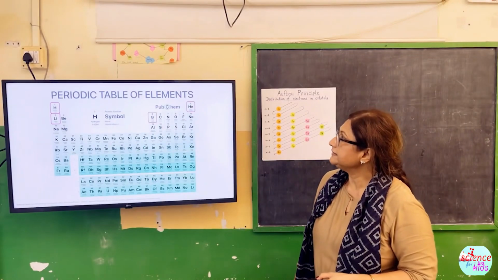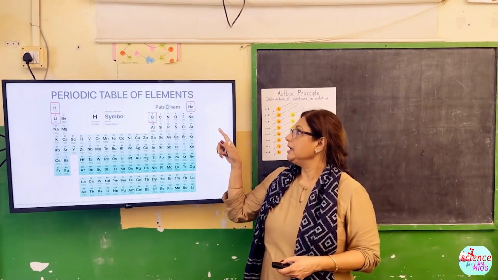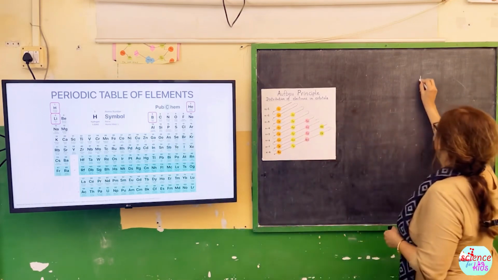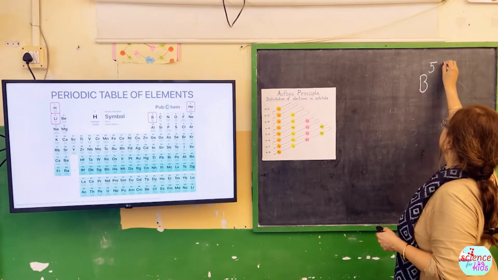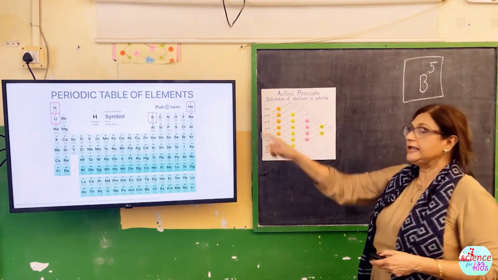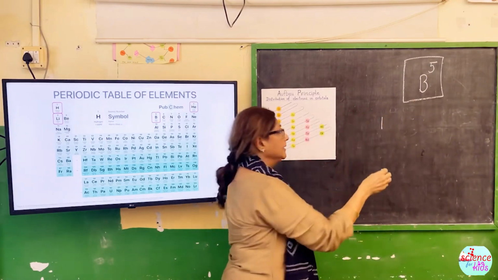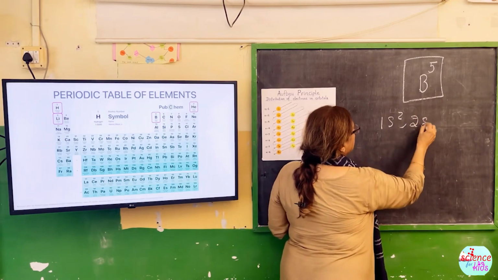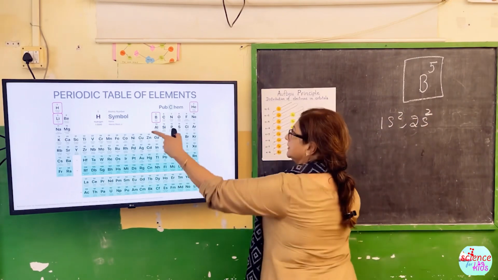So the next one is boron. Boron still is in period 2, and the atomic number for boron is 5. If you do the configuration for this, we follow the same pattern, that is 1s2, 2s2, that is 4. What comes after?